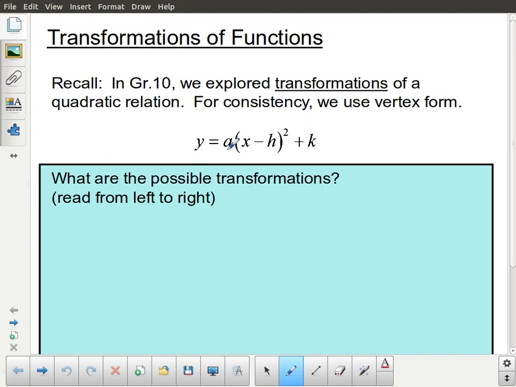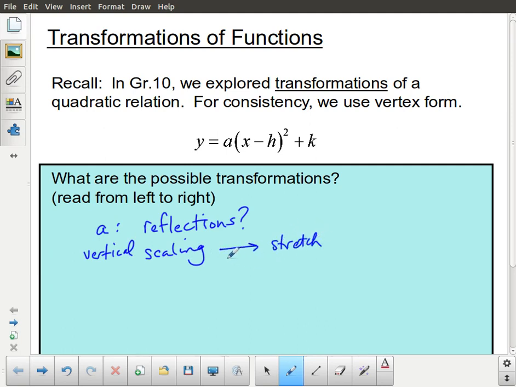So reading from left to right, the first thing that I run into is the value of a. And the value of a is going to possibly tell me about reflections, and the value of a is also going to tell me about vertical scaling, and vertical scaling could mean a stretch or it could mean a compression.